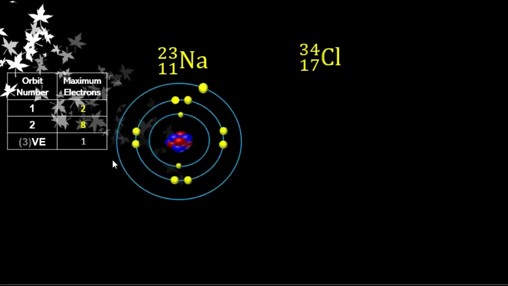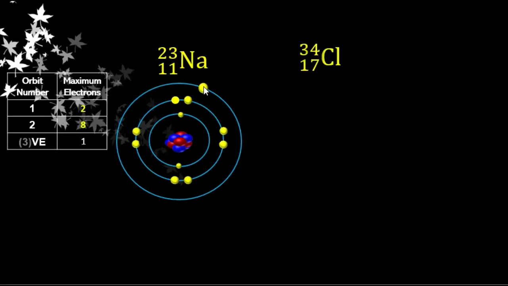So we have 1 electron on the last shell, called the valence electron. The other name for the last shell is the valence shell. Valence electrons are the number of electrons on the last shell.